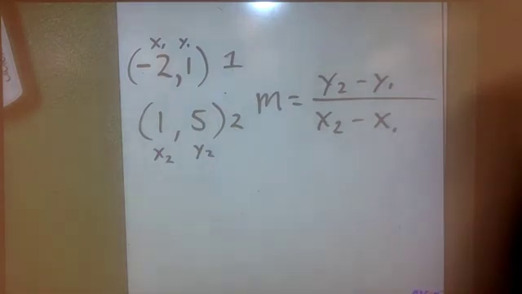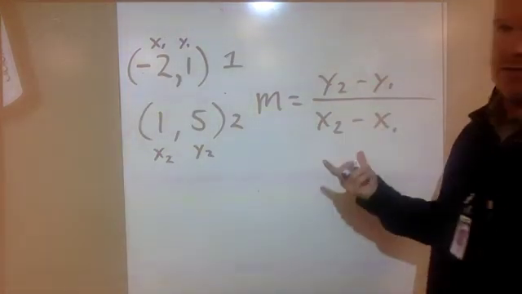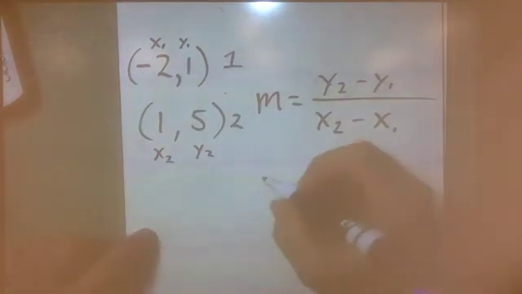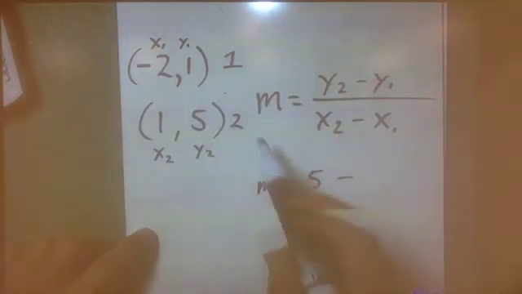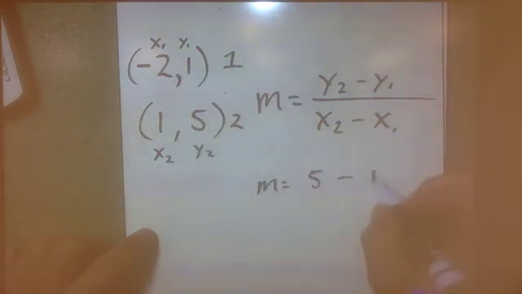So now you have your four numbers. You can just plug them into the equation and you will get y2, which is 5, minus y1, which is 1, over x2, which is 1, minus x1, which is -2.